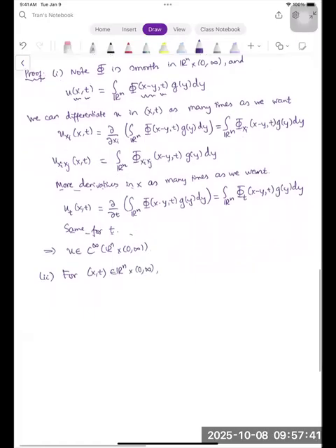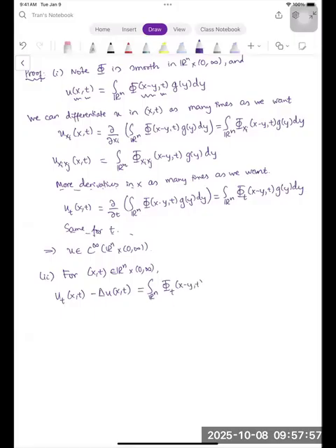What I have is u_t, let me write out the variables clearly, minus Laplacian of u at (x,t). This equals the integral on Rn of phi_t(x minus y, t) dy minus the integral on Rn of Laplacian of phi(x minus y, t) dy.